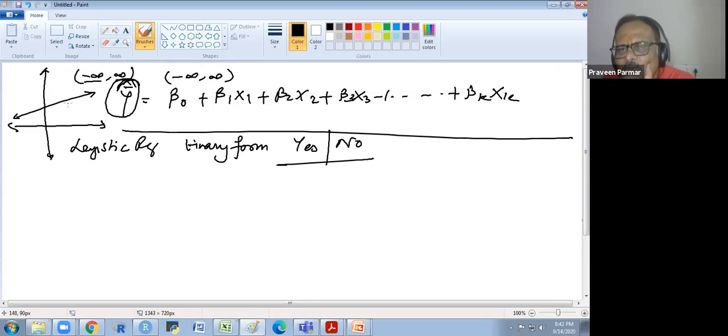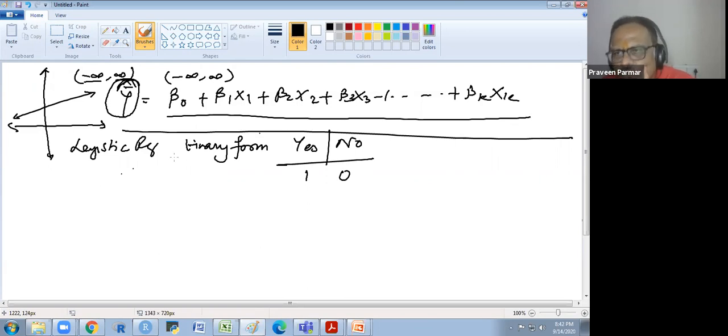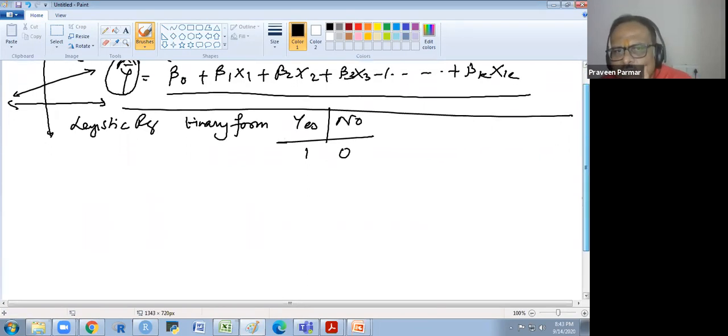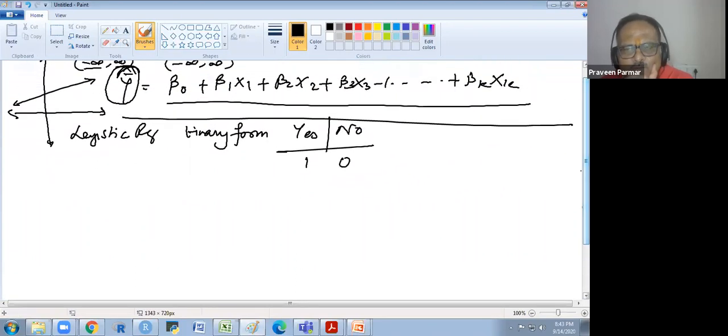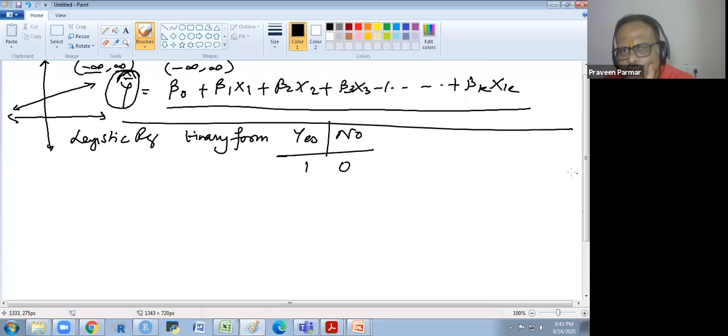We could not get the response in 0 and 1. But the same approach we use in logistic regression. So I will explain it by going through the reverse process.